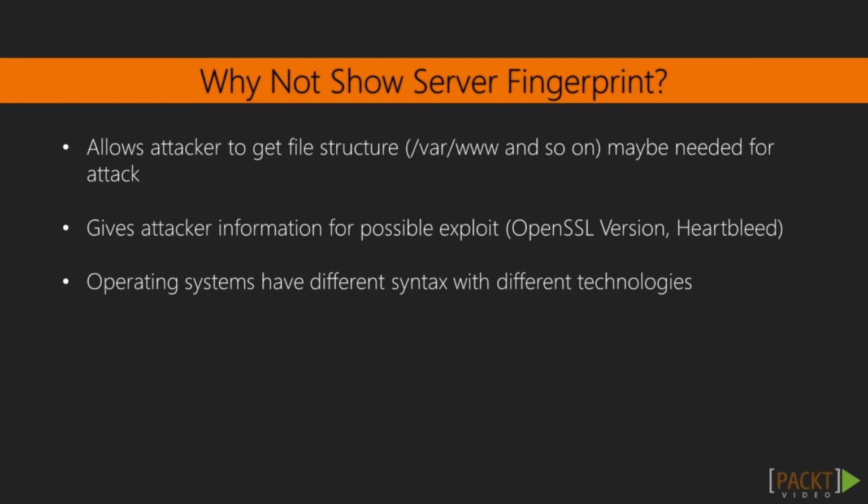If we give the attacker the information, they could possibly exploit it. OpenSSL, a version of it is vulnerable to Heartbleed. That is shown in some fingerprints sometimes. Also, operating systems have different syntax with different technologies, so it's much easier not to provide the attacker any more ammo than they actually have.